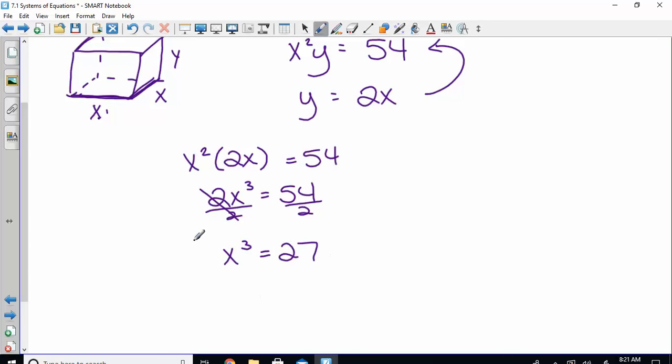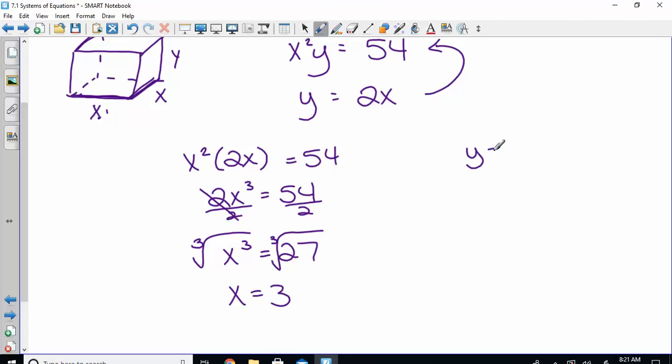How do we get rid of a cube? Cube root. We don't need a plus or minus. If we'd had a square root and a plus or minus, could x be a negative here? No, because it's the length of a base. So even if you had gotten a negative number, you wouldn't include that in your answer because it's not possible here. We get x equals 3.